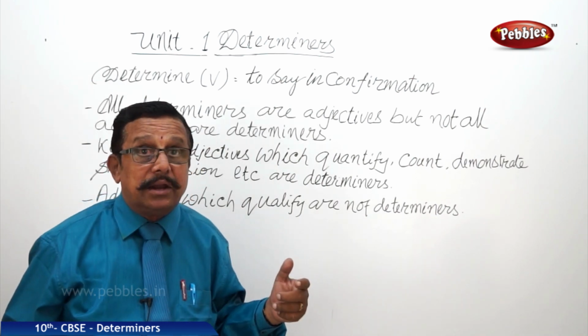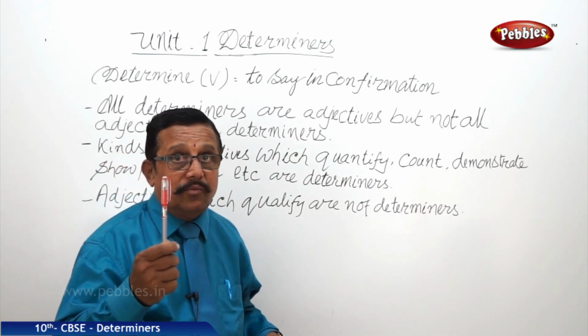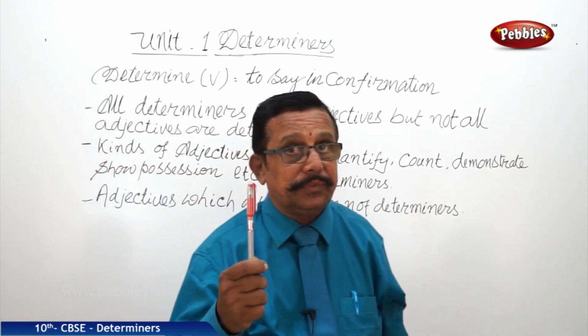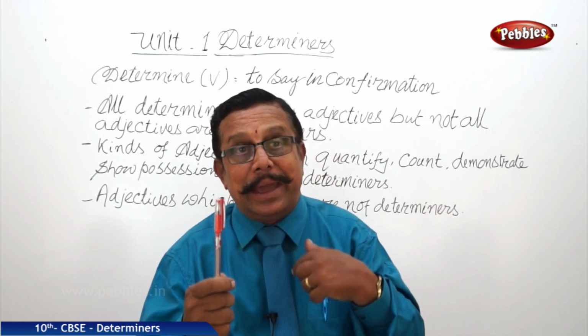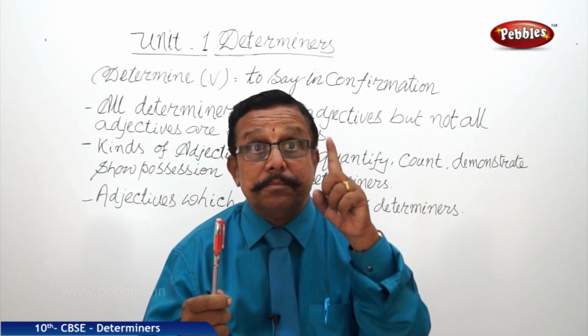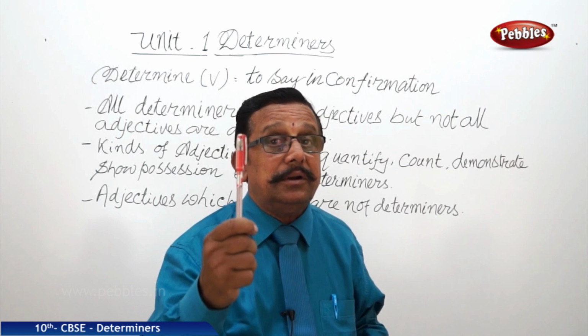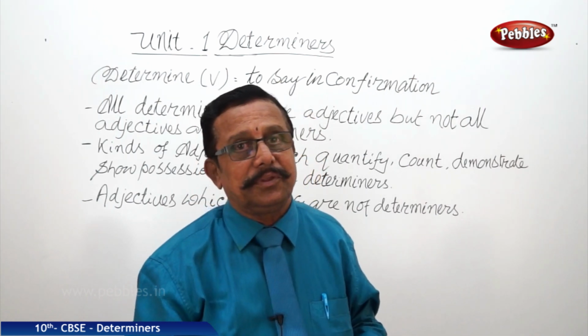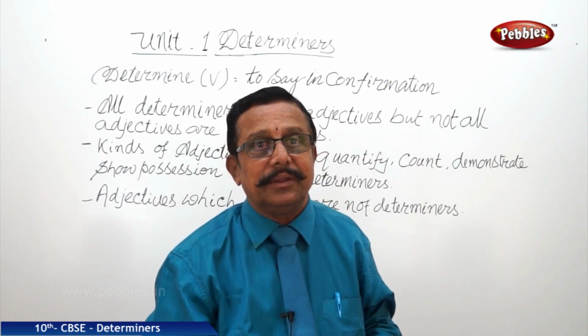Show possession means what? If I show a pen, we may call it a pen; the determiner is a. We may call it my pen; the determiner is my. I may call it this pen; the determiner is this. Or you may question, which pen?